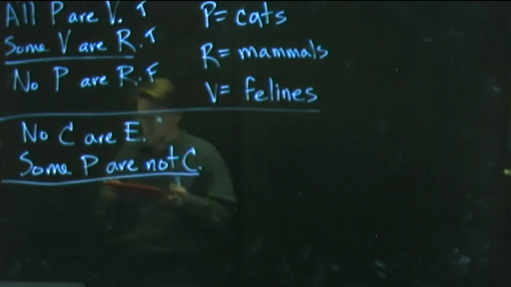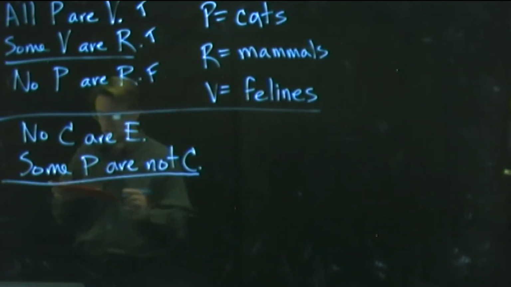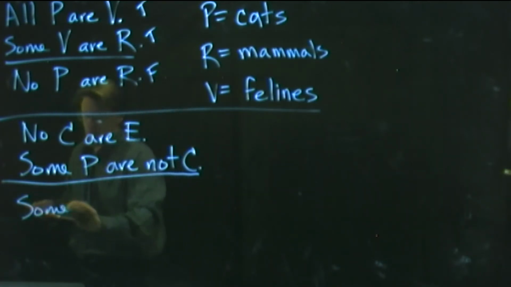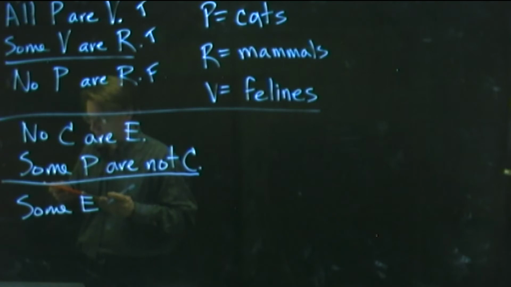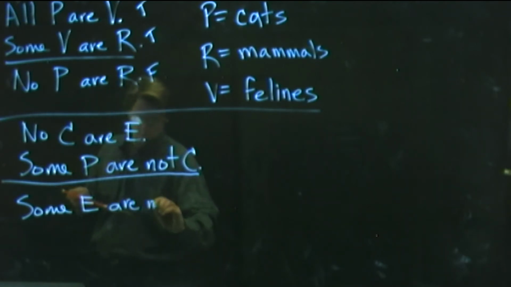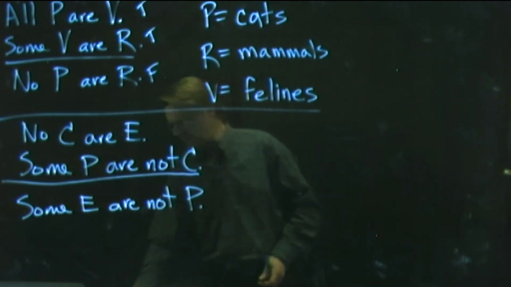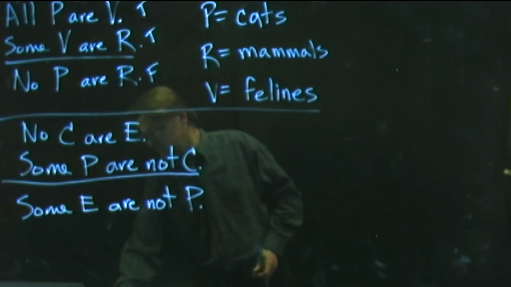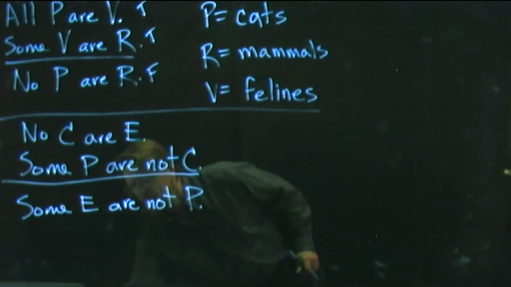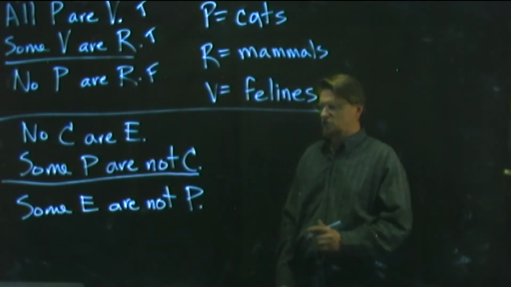And so our conclusion then, right, comes before the premise indicator, meaning we get some evolutionists are not P for people who believe in the Bible. Some evolutionists are not people who believe in the Bible.